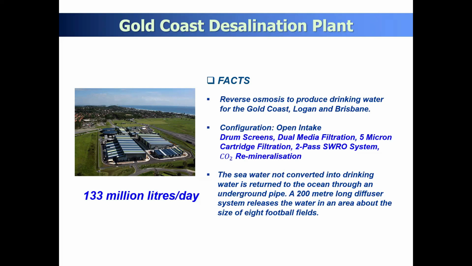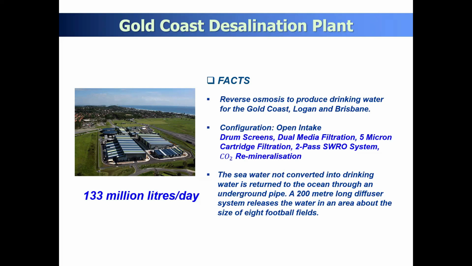So this is the configuration: drum screen, dual media filtration, cartridge filter, second pass seawater reverse osmosis, CO2 remineralization. So your first assignment question is about designing your processes. This is the example of the Gold Coast desalination plant.